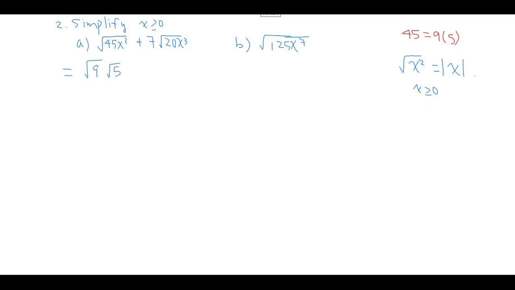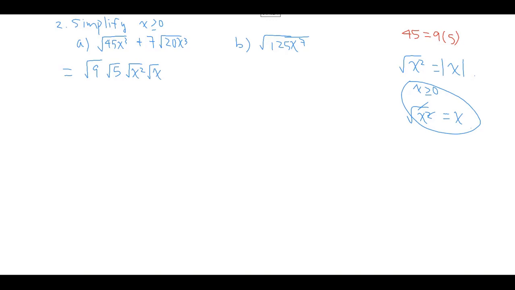So we use this property to simplify the square root of x to the third. You have the square root of x to the third, that is x squared times x, right?